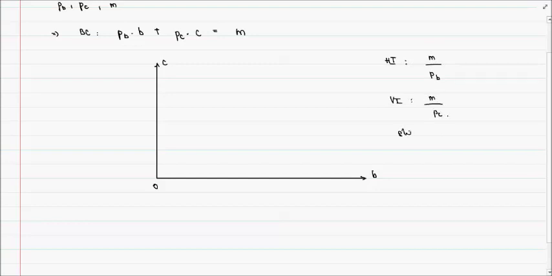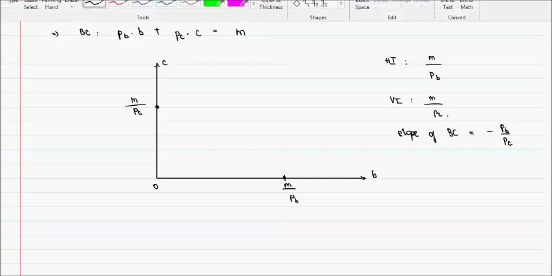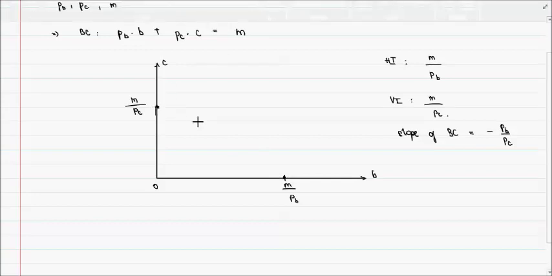The slope of the budget constraint is equal to negative PB over PC, right? So horizontal intercept M on PB, vertical intercept M on PC. Now you just pick any two random points.